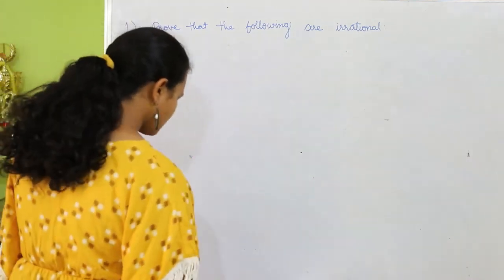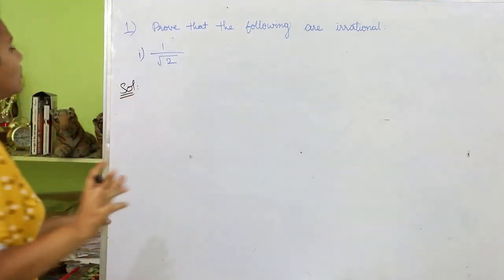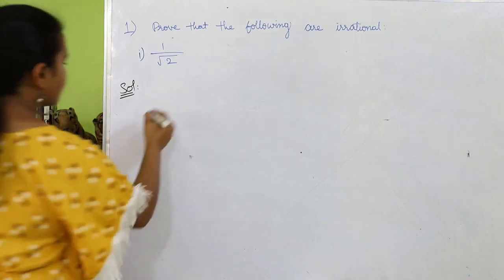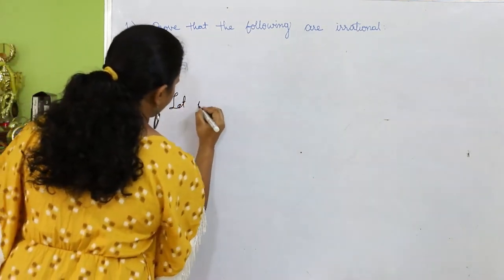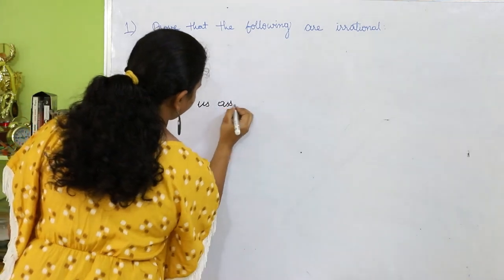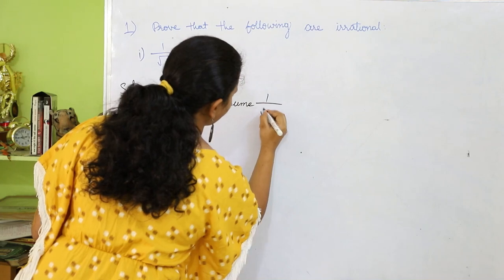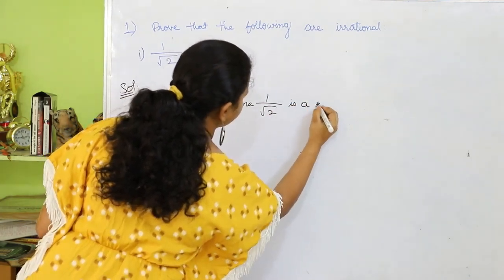Firstly, to prove 1 by root 2 is an irrational number, let us assume 1 by root 2 is a rational number.